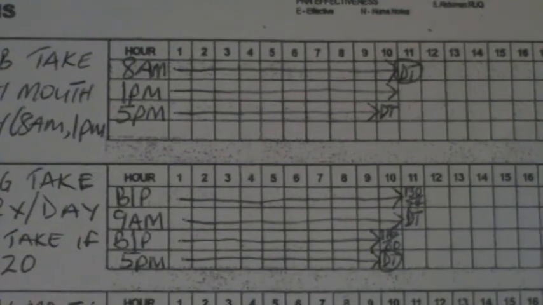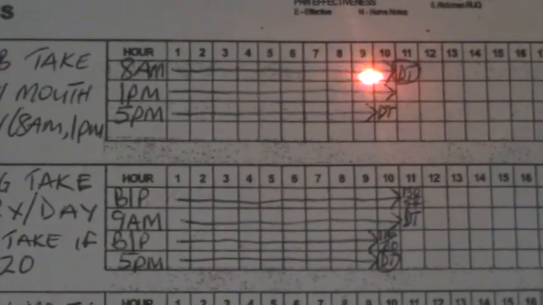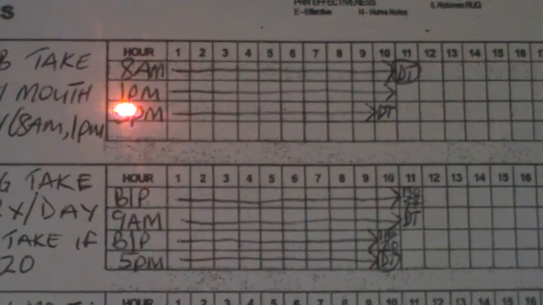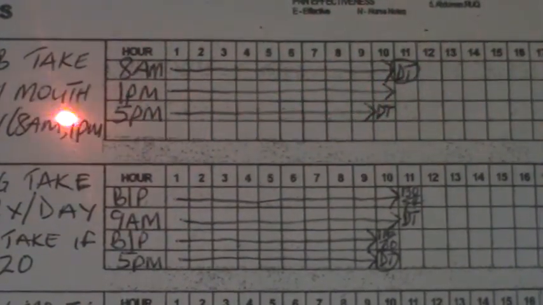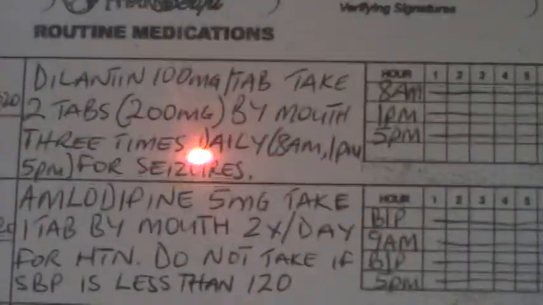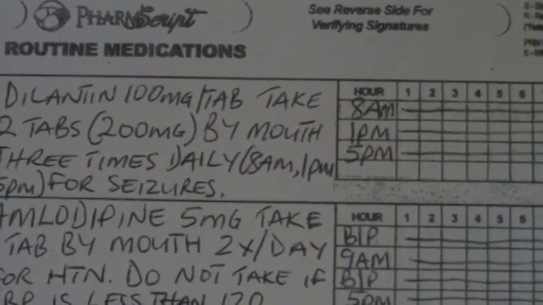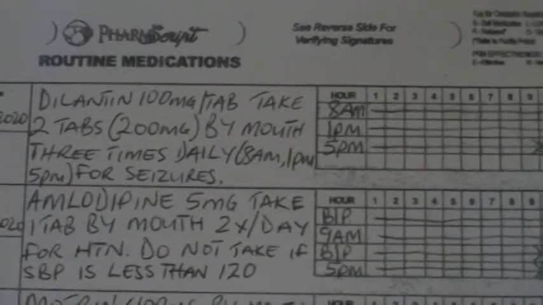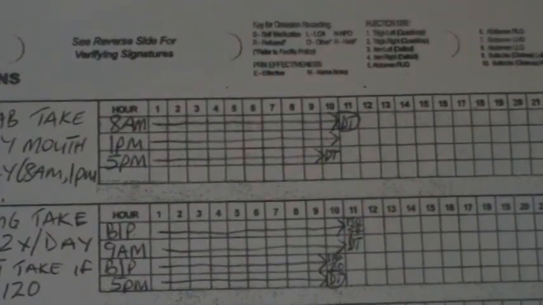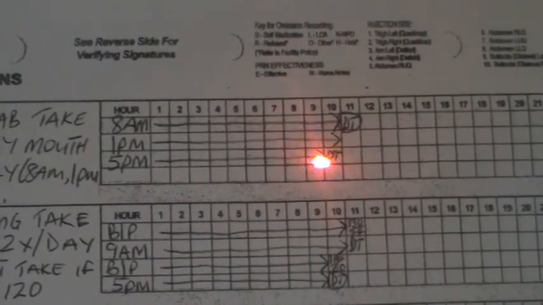So let's say you're the one that worked on the 10th, at 5 p.m. You gave the Dilantin as ordered, 200 milligrams of Dilantin, and the resident took the medication, and then you would just put your initial here.